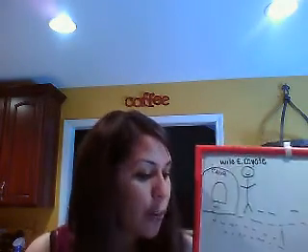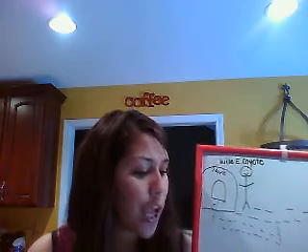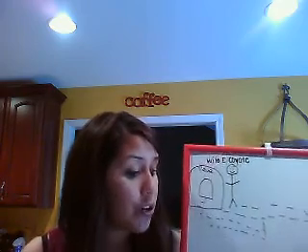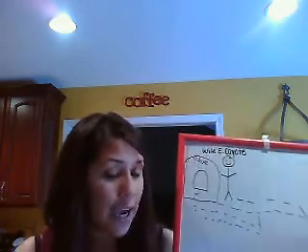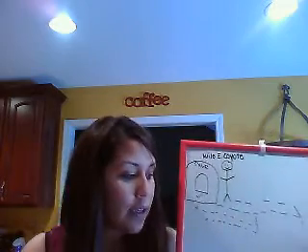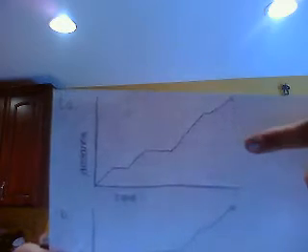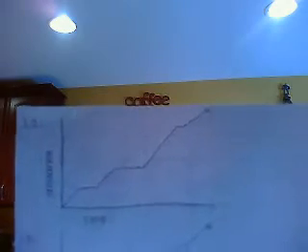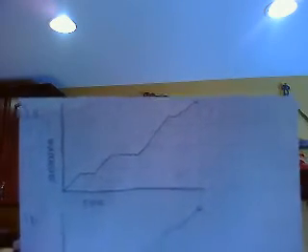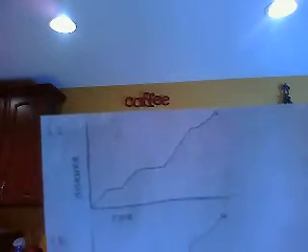And for number A, it says graph the relationship between Mr. Coyote's total distance traveled in time. What I did in my graph, this is 1A, is I put distance on the side, and then I had time going across.